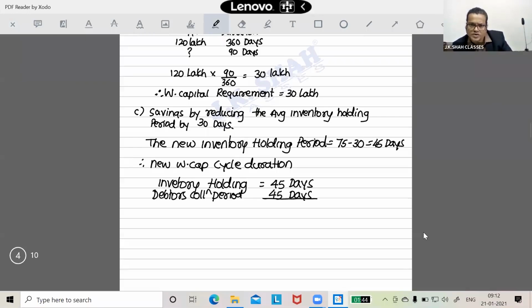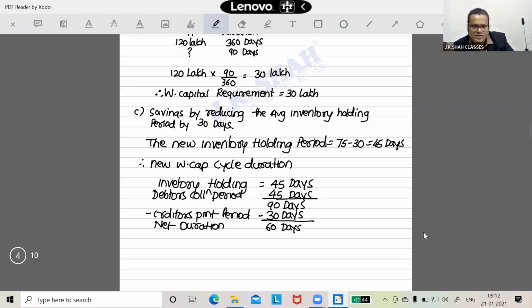So now the gross will become 90 days. Less what? Creditors payment period, that doesn't change. Only one thing is changing. Creditors payment period is how much? 30 days. So net duration is 60 days. Right, this was a gross duration.